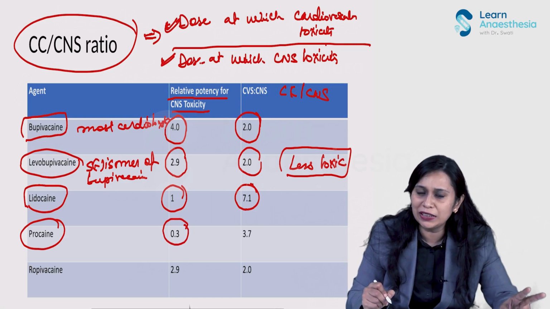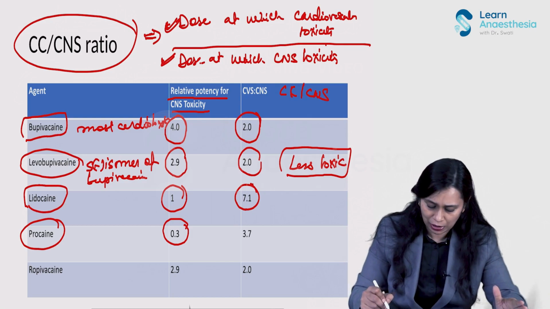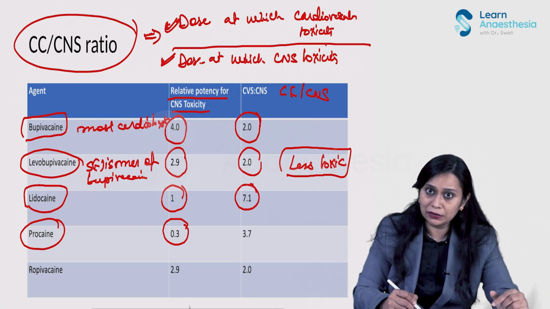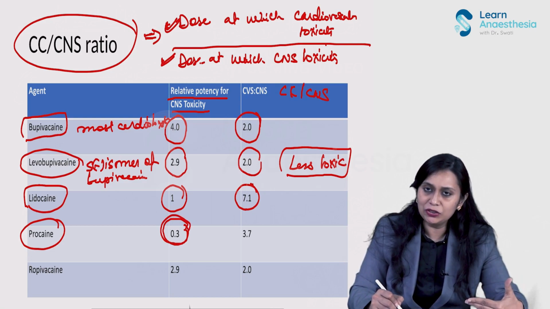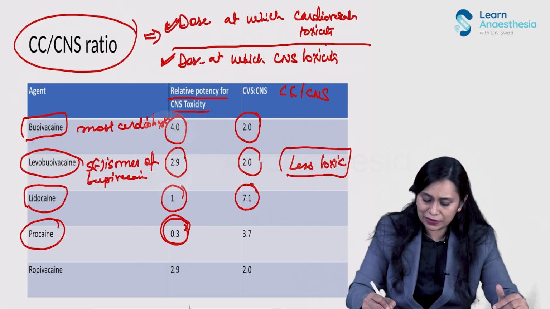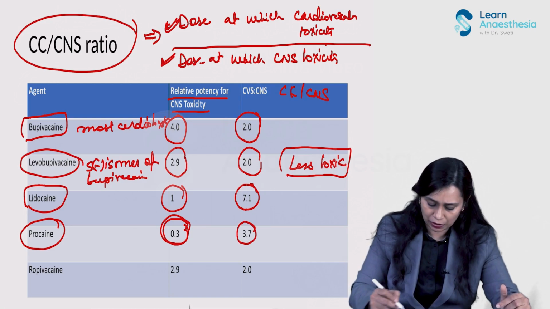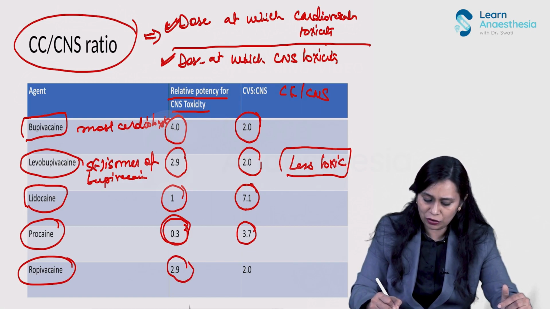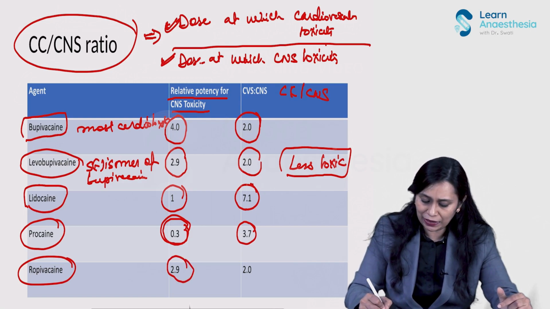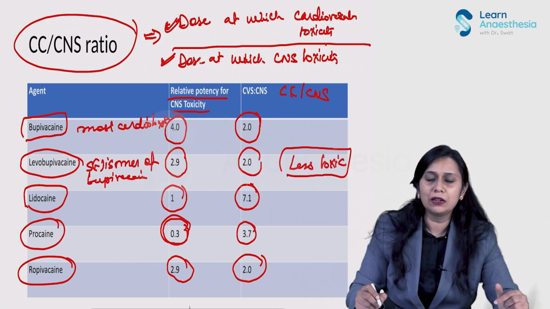So, the 2 drugs I mentioned for IVRA, lidocaine and procaine. Why? Because it is safer. Relative CNS toxicity is less. CC-CNS ratio is 3.7. Ropivacaine, again a congener of bupivacaine. The CNS toxicity 2.9 and CC-CNS ratio is 2.